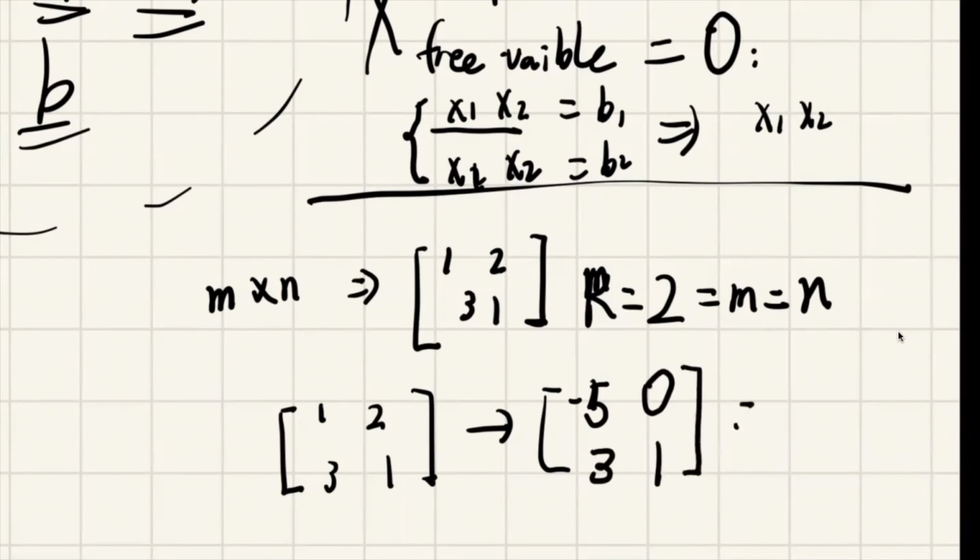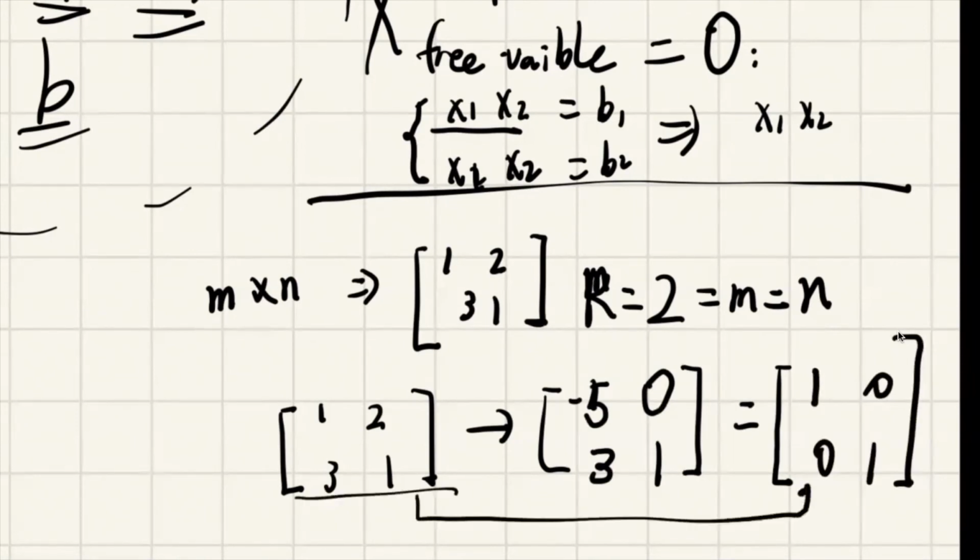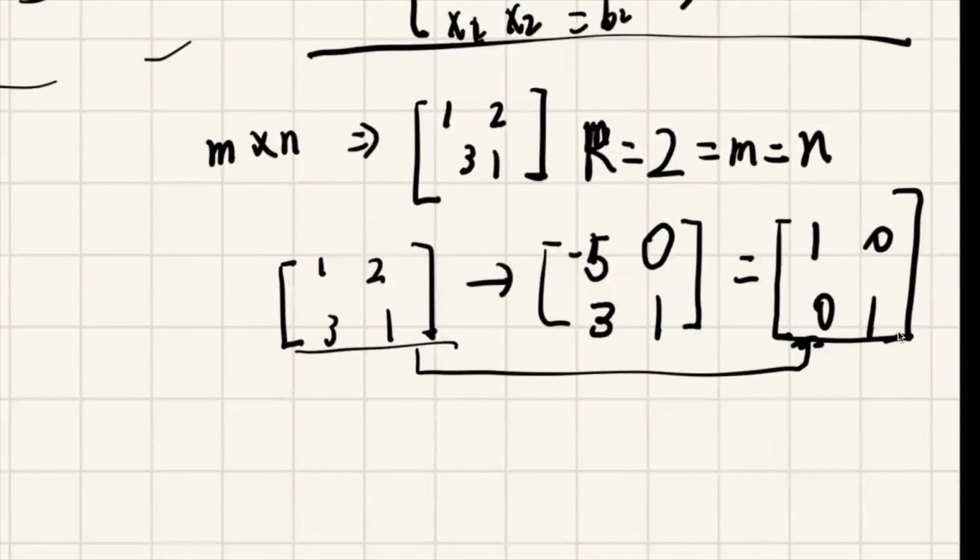And then we'll get 1, 0, 0, 1. So this square matrix can always be converted to something like this. If the equation is Ax equals 0, then x1 and x2 should be 0, so there's only one solution.